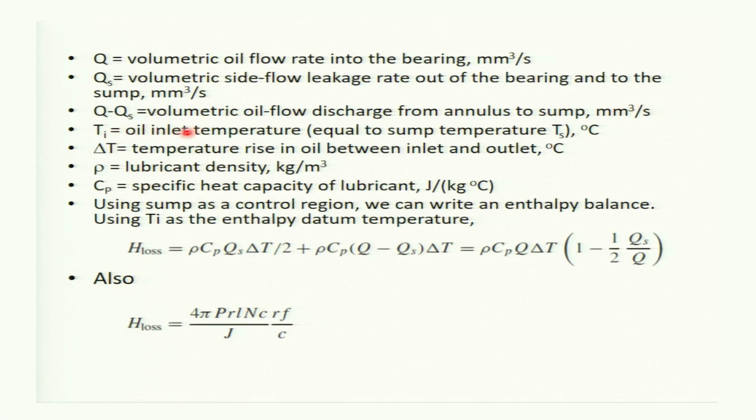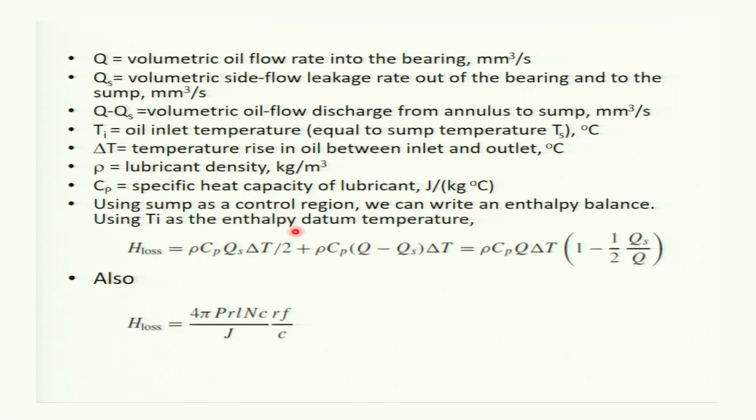Ti is the oil inlet temperature equal to the sump temperature Ts, and delta T is the temperature rise in oil between inlet and outlet, and it is in degree centigrade. Rho is the lubricant density, kg per meter cube, and Cp is the specific heat capacity of the lubricant, joule per kg degree centigrade. Now using sump as a control region, we can write an enthalpy balance.